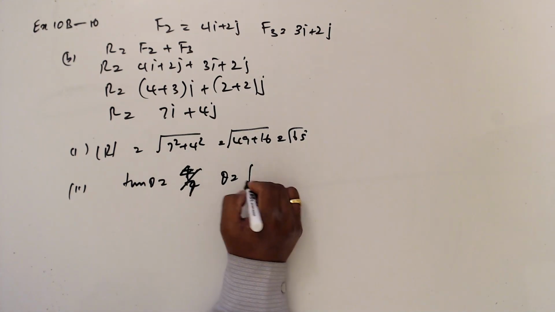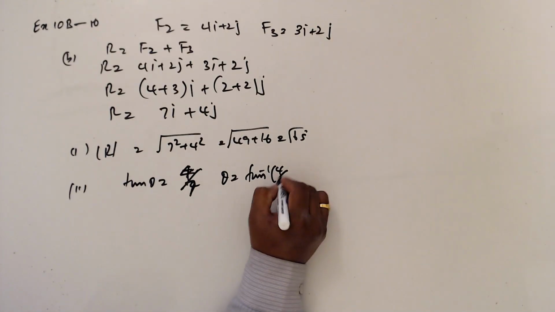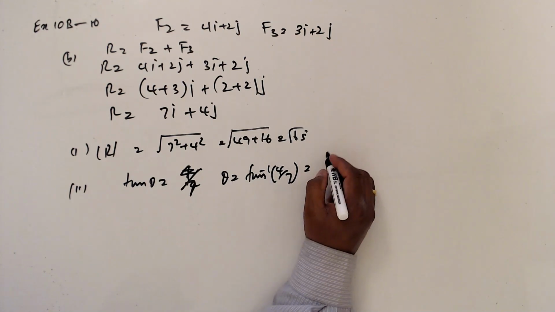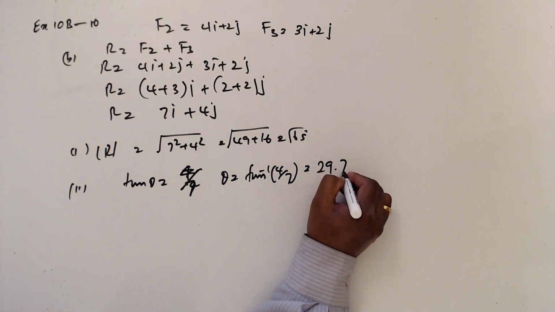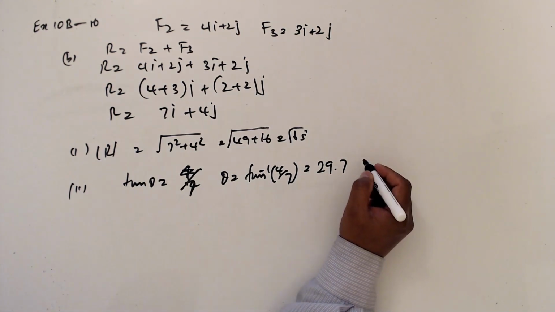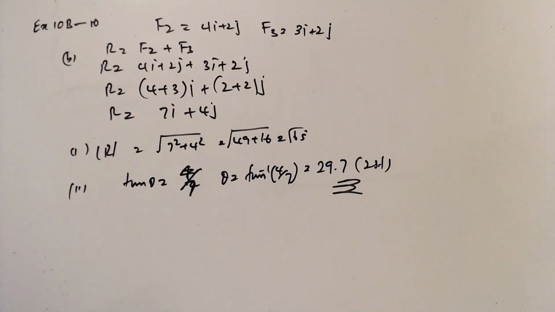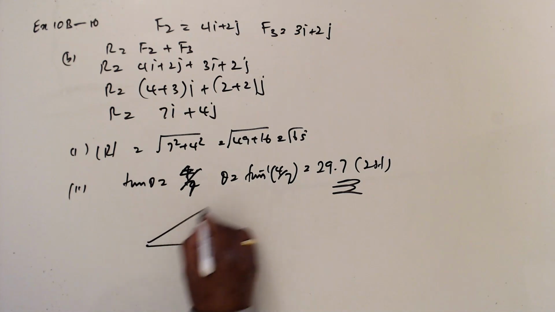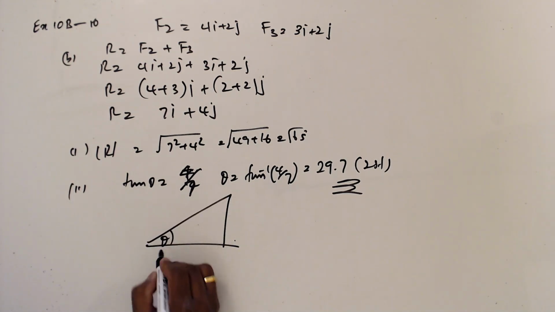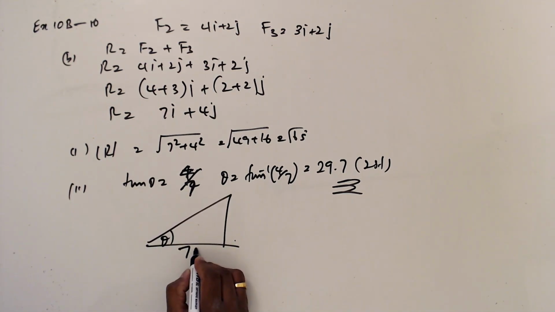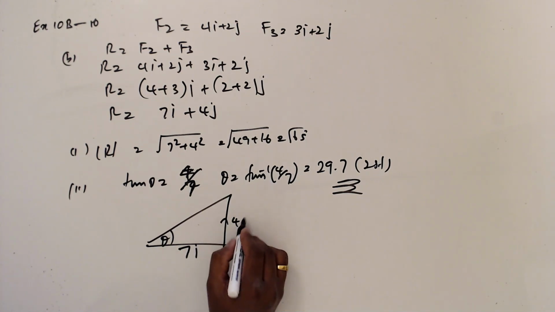So theta equals tan inverse of 4 over 7, that is 29.7 to 2 significant figures. So theta angle is this, for 7i plus 4j.